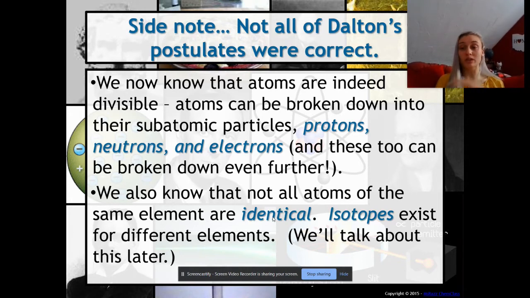So the number of protons will never change for atoms within the same element, okay? But the number of electrons can change. As long as the number of protons stays the same, it's still the same element. But say we have oxygen, which has 8 protons, and in a neutral atom has 8 electrons. The number of electrons can change, but as long as it still has 8 protons, it's still oxygen. Okay? So Dalton was also wrong in saying that all atoms of the same element are identical.